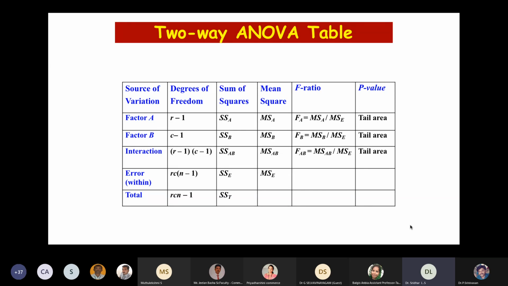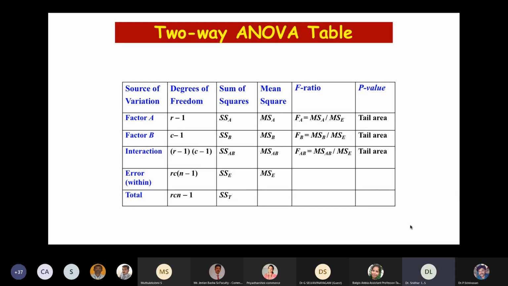The second is factor B, which is about the number of visits by each category of insurance carriers, like no insurance, private insurance, and star insurance. So there is no distinction.